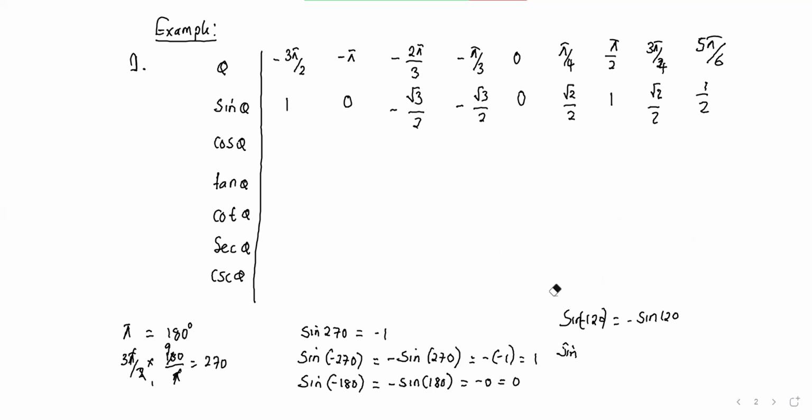So now, how do we find cos then? Cos has a different property, opposite from sine. Cos of negative 270 is the same thing as cos 270. Cos does not bring the negative out. It makes it positive.